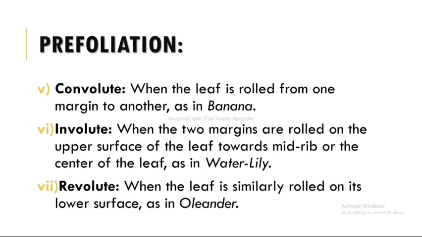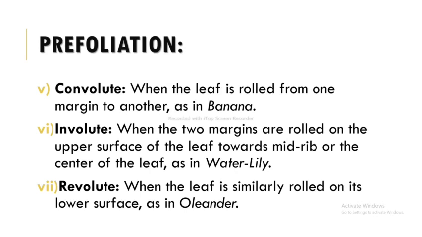Fifth type is the convolute. Convolute means when the leaf is rolled from one margin to another, as in banana. Sixth type is the involute.